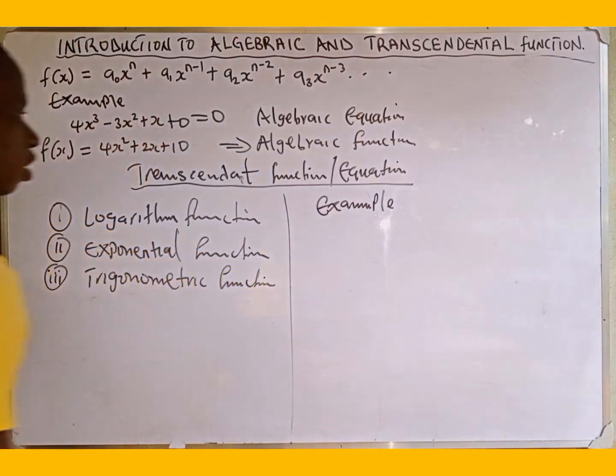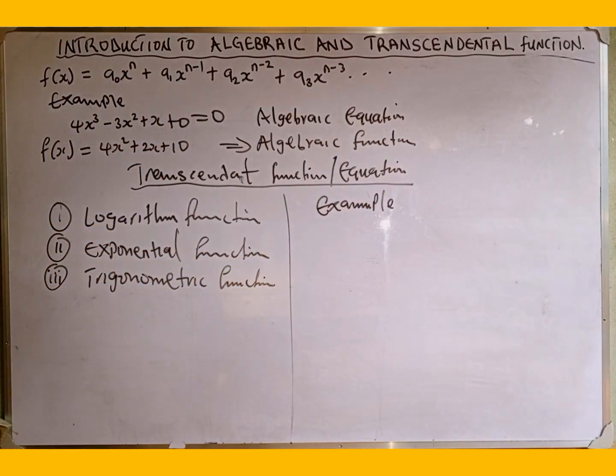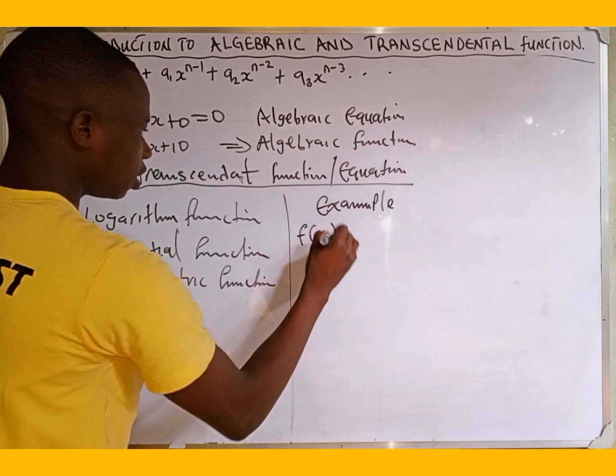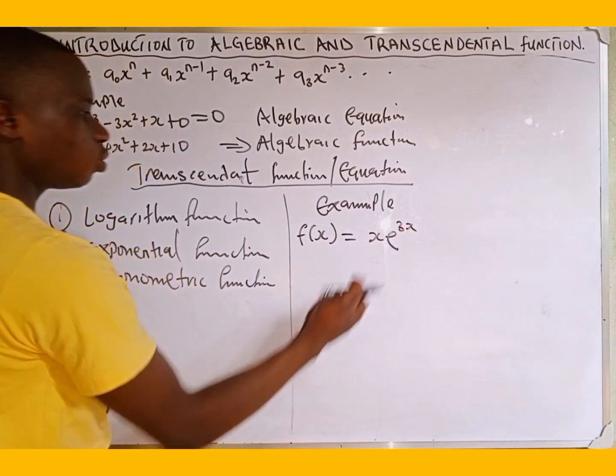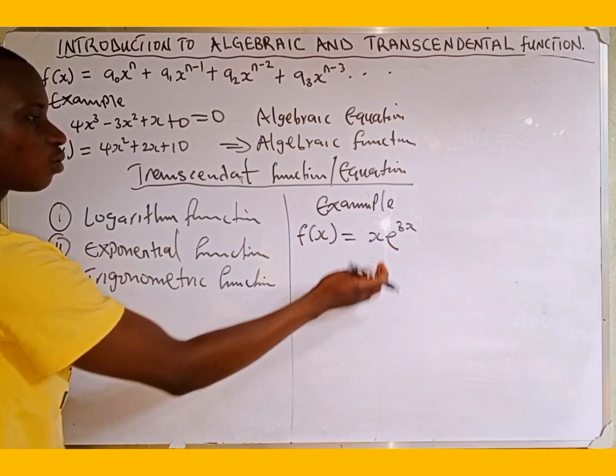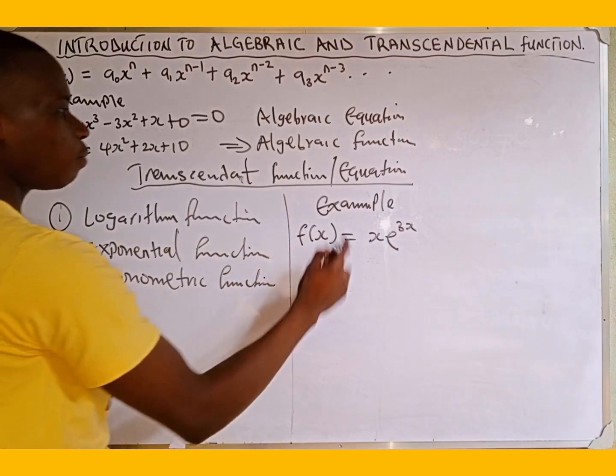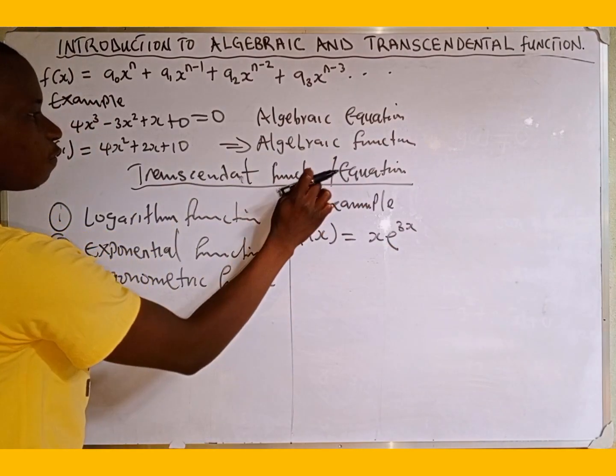For instance, if you are given a function f of x is equal to x exponential 3x, because this function contains an exponential, it is an example of a transcendental function.